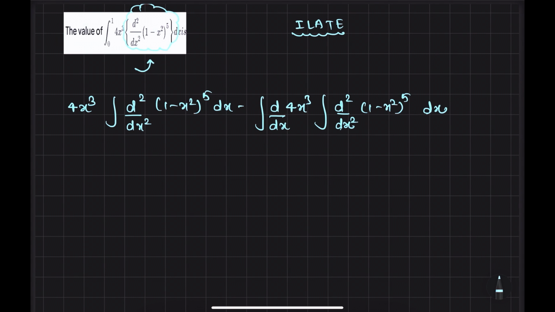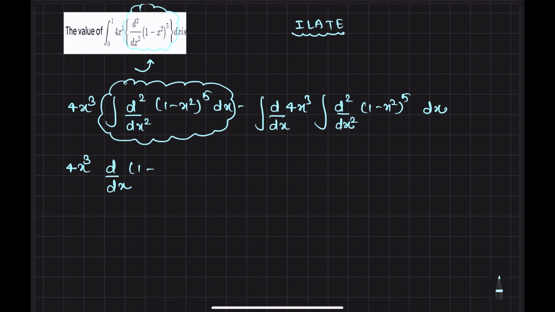Now be very slow. Let's apply that one. Now do the integration. You will be differentiating with respect to x, and you have to integrate with respect to x, so you have to do nothing, just remove 1d. Differentiation and integration are reverse of each other. So we are left with this idea.